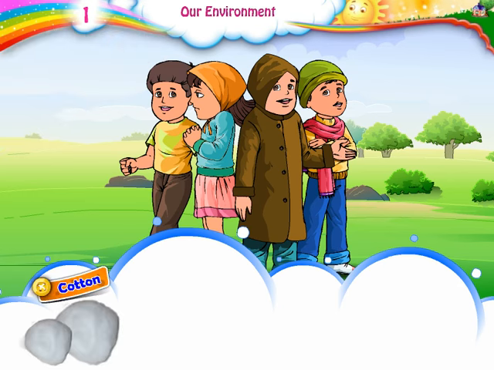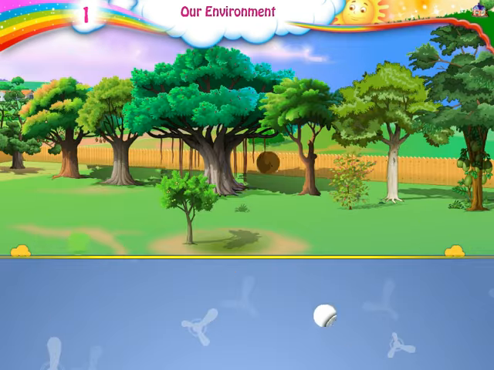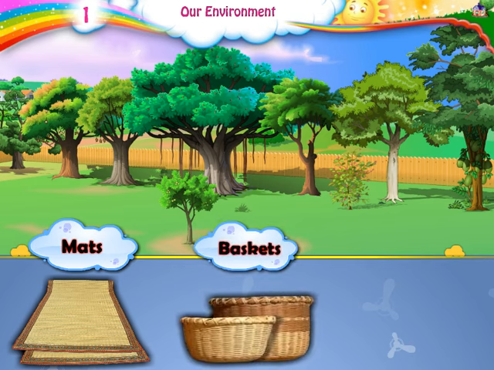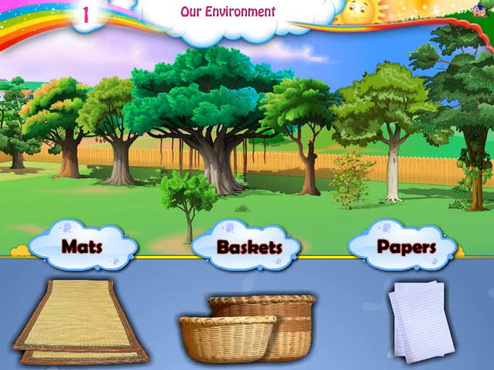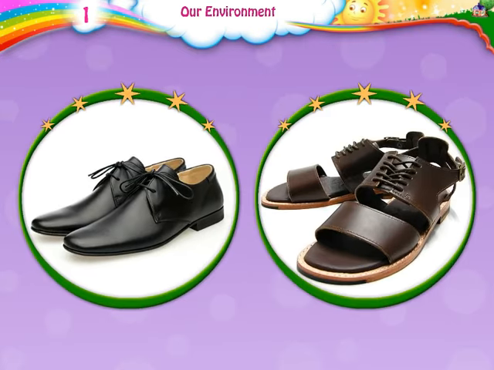He needs cotton, wool, and silk from the environment to make clothes to protect his body. We make mats, baskets, papers using the materials obtained from the environment. Leather footwear is made from the skin of animals.